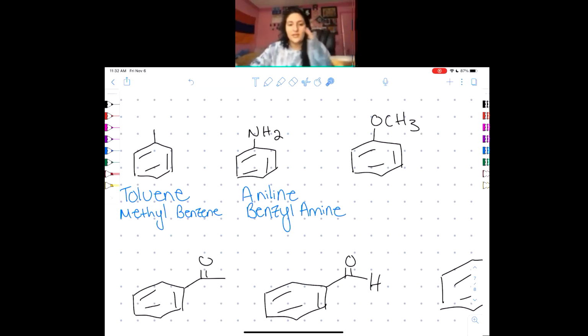He won't try to trick you and ask whether this is methyl benzene or benzene methyl. It's usually common naming, or a common rule in IUPAC, to put methyl, propyl, ethyl, whatever, before the main parent.